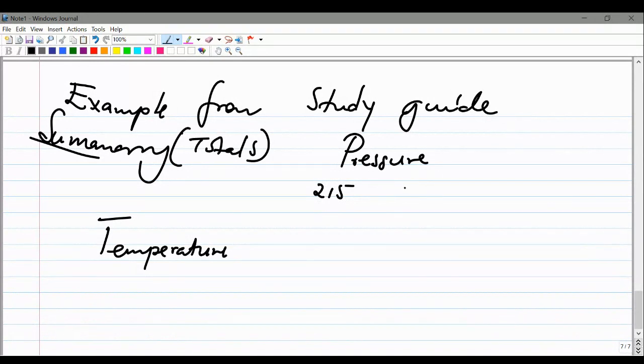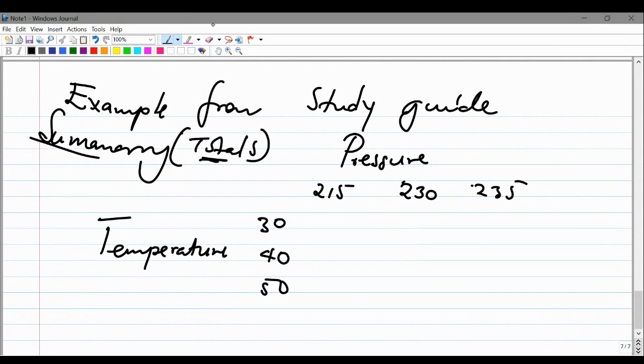215, 230 and 235. 235 or 245. And then for the temperature it's 30, 40, 50, right? Yes.